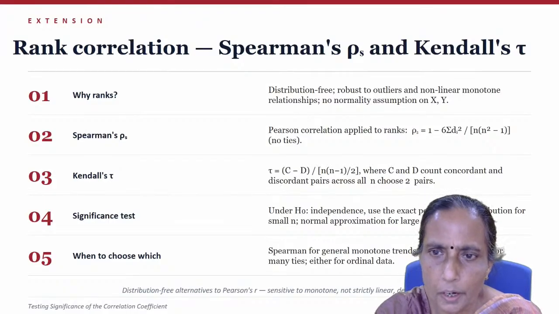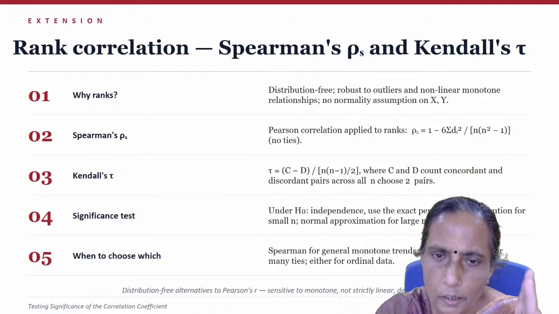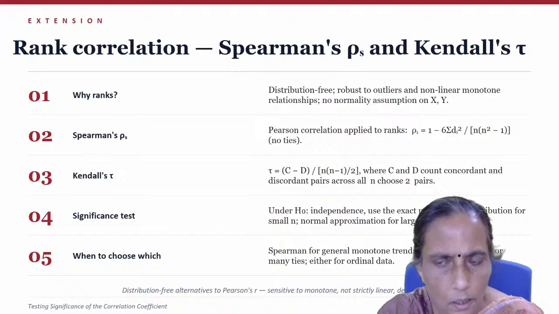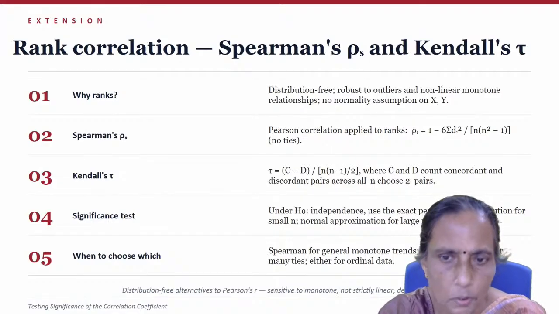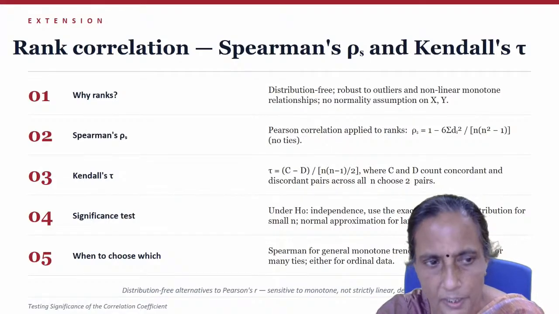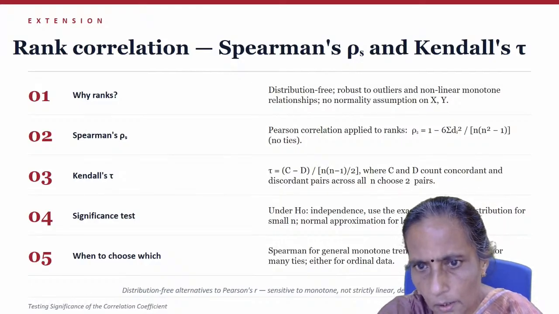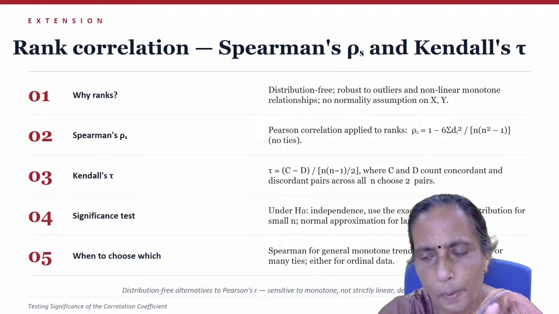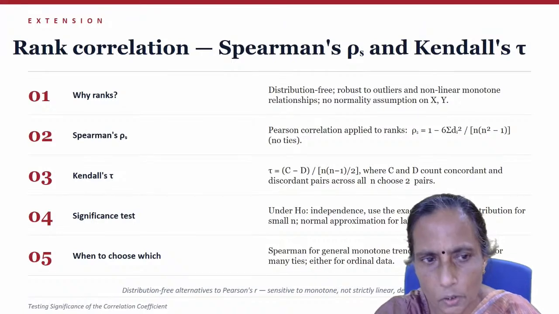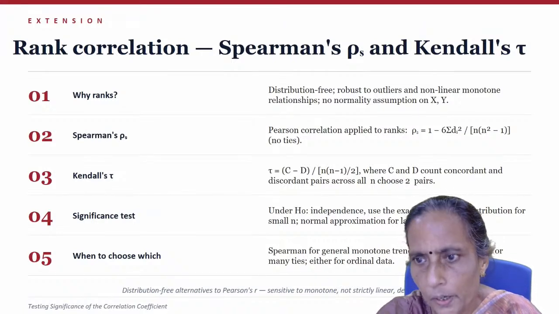So distribution free, robust to outliers, and non-linear monotone relationship, no normality assumptions on X and Y, because they are not quantitative. So Spearman's rho is Pearson correlation applied to ranks.